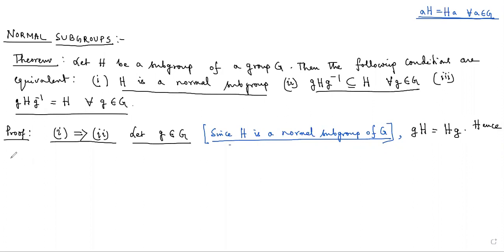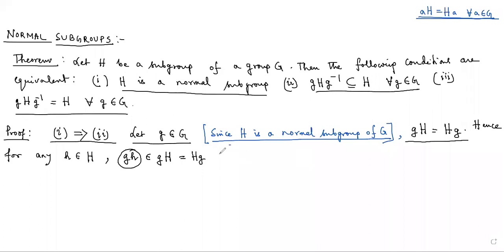Hence, for any small h belonging to capital H, the element gh will belong to the set gH, which is a left coset generated by g. So the element of the form gh will belong to the left coset gH. But we know from the definition of the normal subgroup and the condition given in statement 1 that gH is actually Hg, because we have already mentioned it over here.